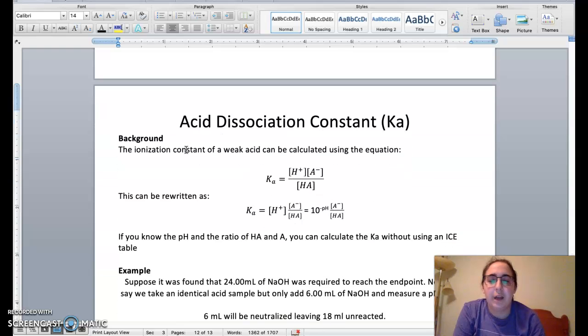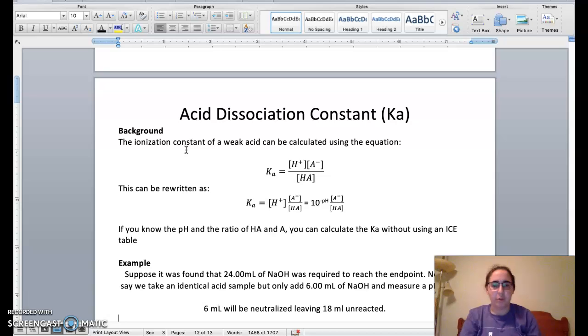And then the final lab, this one occurs right at the end of the chapter, so it's going to tie in a bunch of concepts that we talked about throughout the chapter, but it's also going to introduce a new way to find the acid dissociation constant. So we have the equation that they are familiar with, and then it shows how it can be rewritten with a little fraction ratio over here, which is going to be very important for this lab.